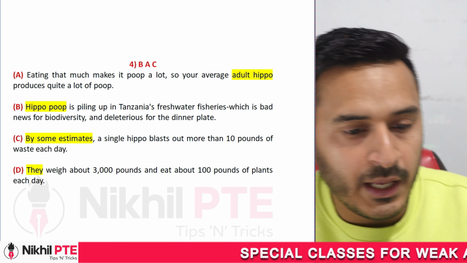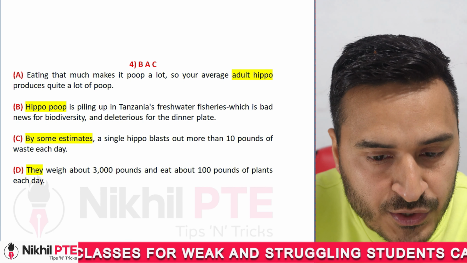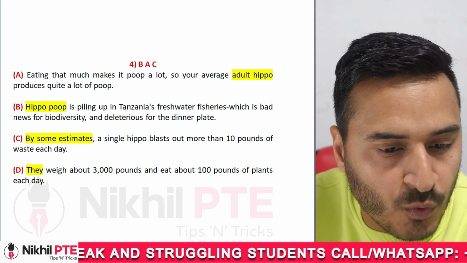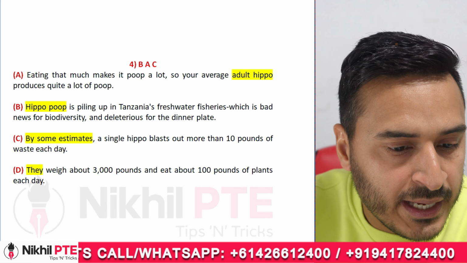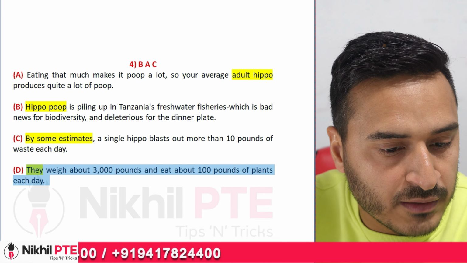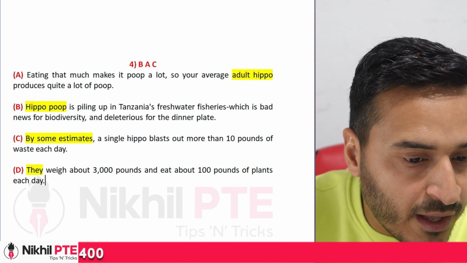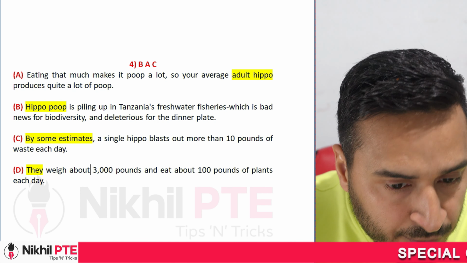Let's start. "Hippo poop is piling up in Tanzania's freshwater fisheries, which is bad news for biodiversity and deleterious for the dinner plate. They weigh about 3,000 pounds and eat 100 pounds of plants each day." Here we are talking about "they". If they eat something, then they will poop.